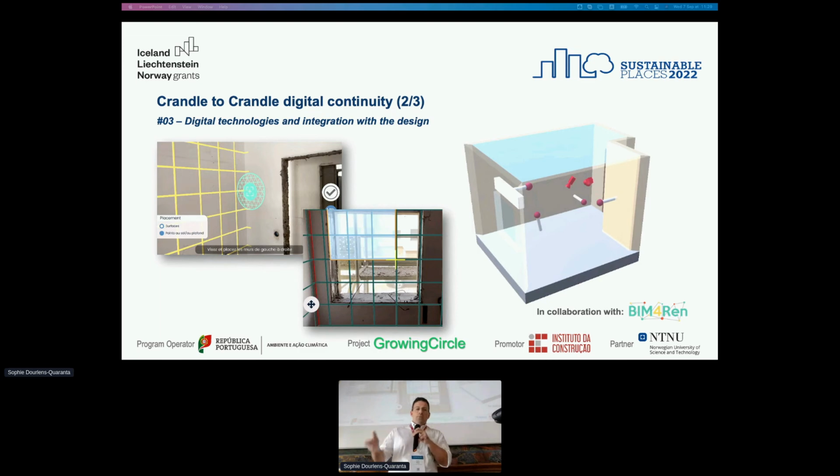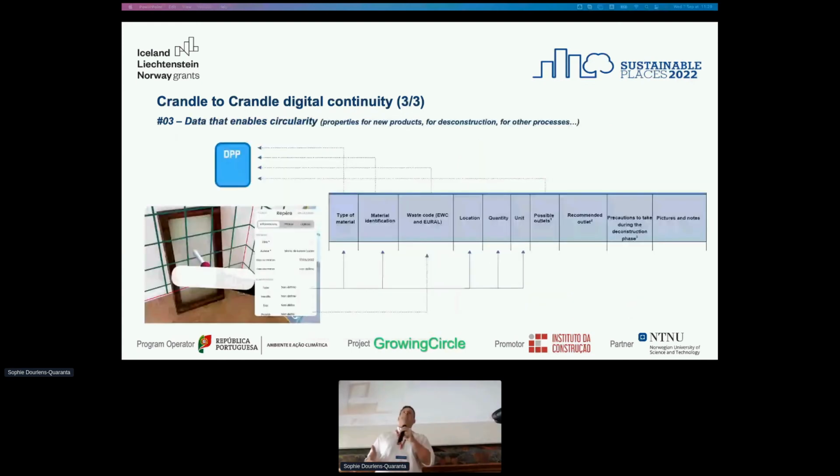So there are the 3D models that can be made when we are doing the diagnosis on site. That is one. And using the same tool or additional tools, we can identify what data is relevant for reuse or for the waste audit itself.